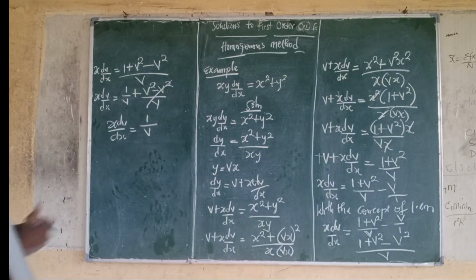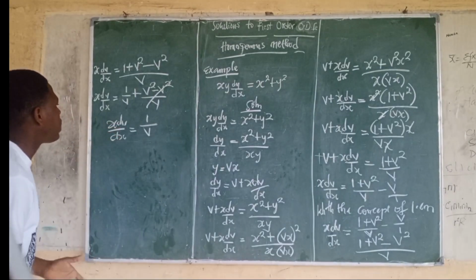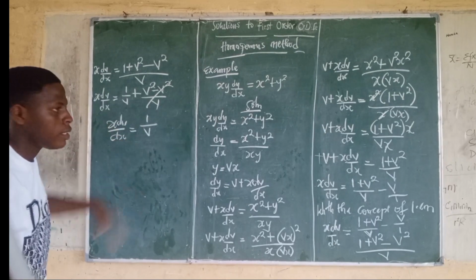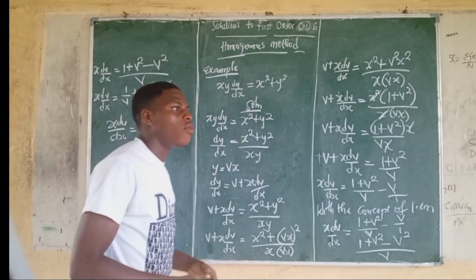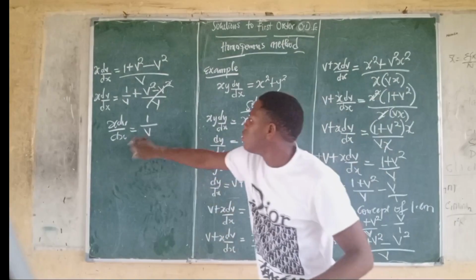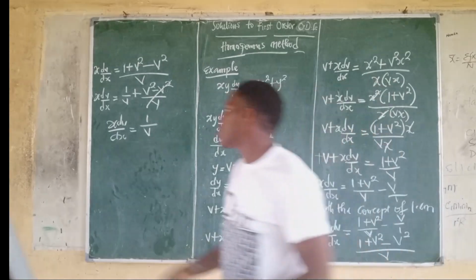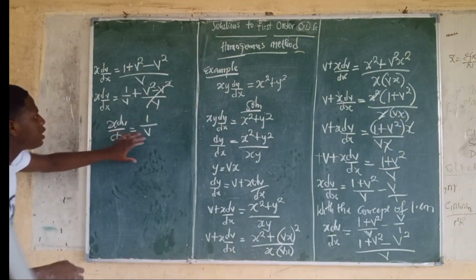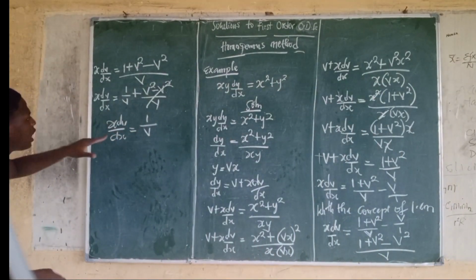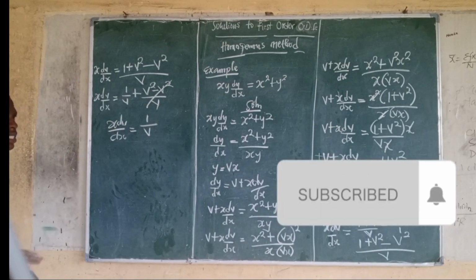Now, what do you think we can do next? We are seeing dv over dx, and we are seeing two variables, x and v. So we can use the concept of separation of variables to simplify this. Using separation of variables, let's take x to the other side, and let's keep v on the left hand side.